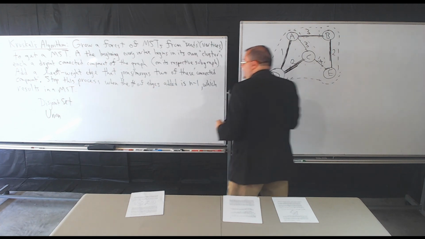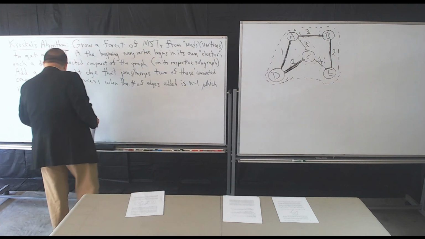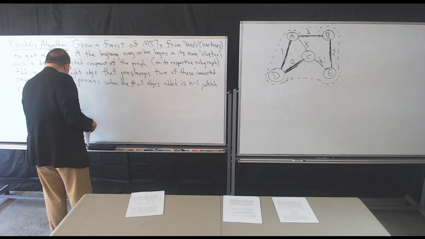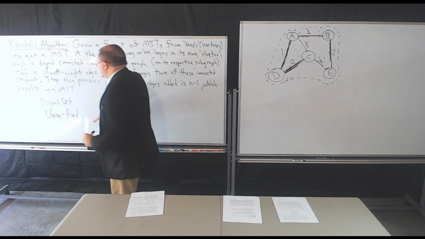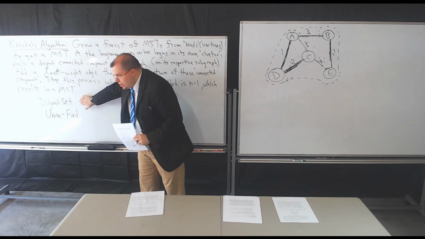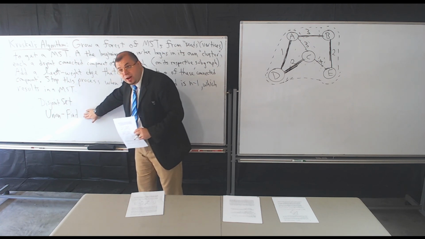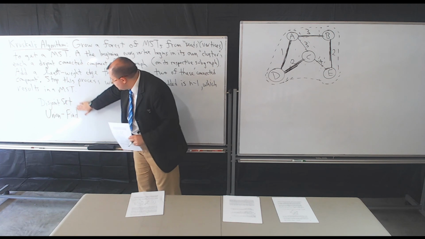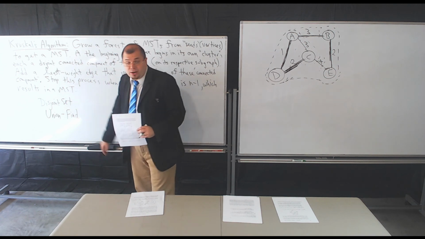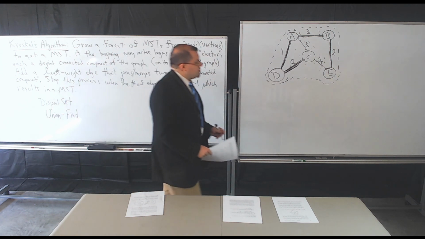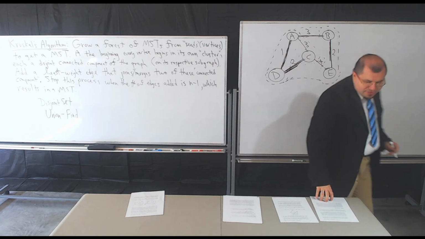So you would use a find operation on such a data structure to do this. So these are often called disjoint set data structures, and the operations I'm talking about here are union find. So oftentimes if you're talking about this stuff, you talk about disjoint sets and union find operations. So that's all I have to say about Kruskal.